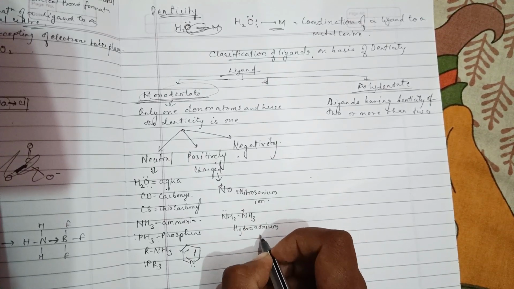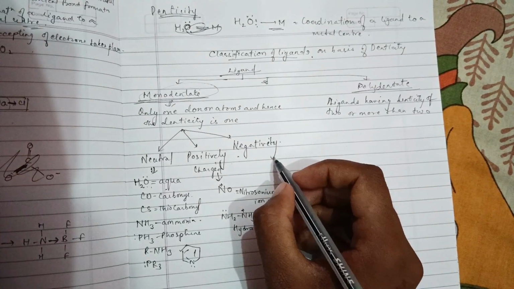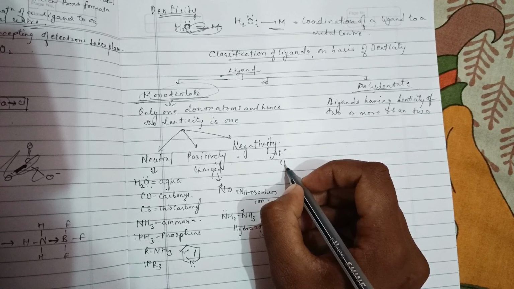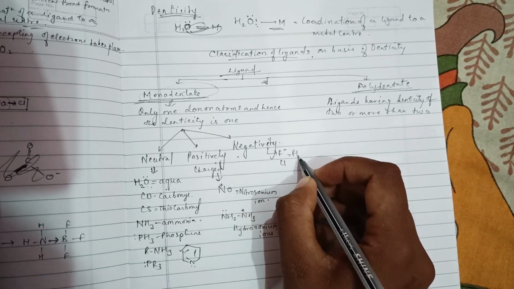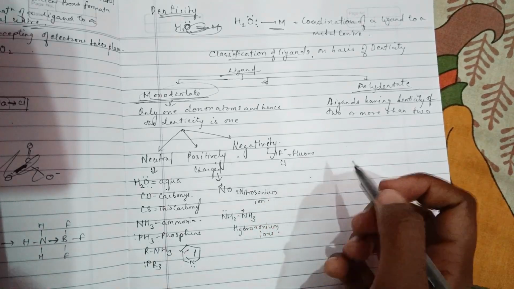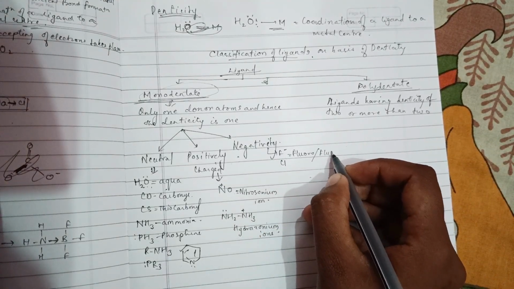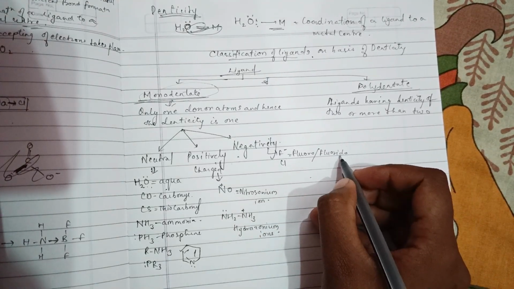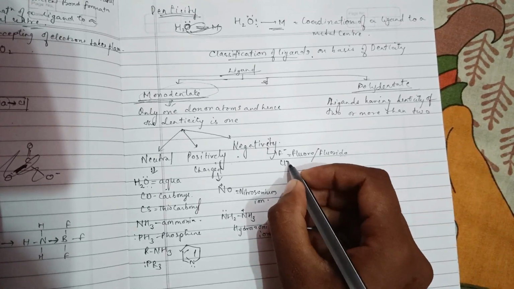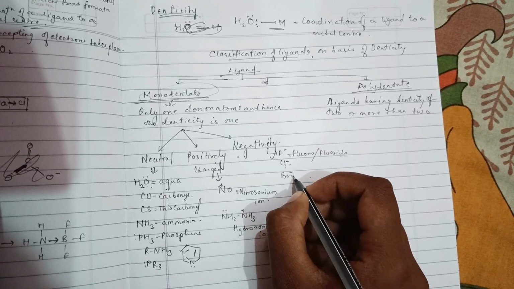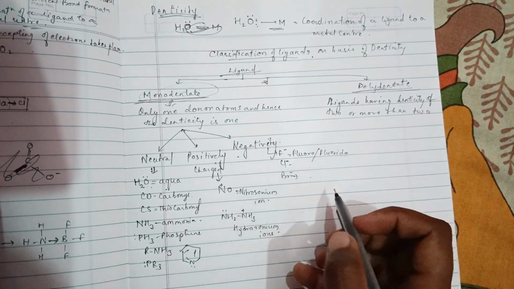Negatively charged are like fluorine, chlorine, or we can say fluoro. For negatively charged ligands, there is a difference in nomenclature. It becomes fluorido, with -ido as the last change in nomenclature. Chlorido or chloro, bromido.